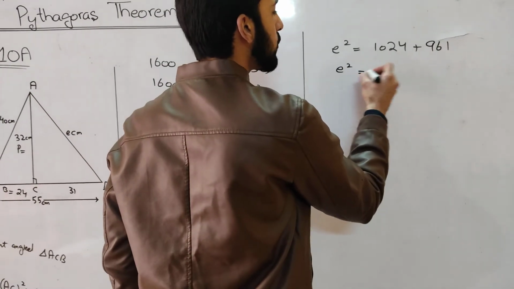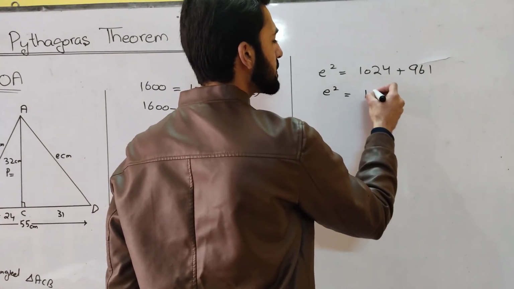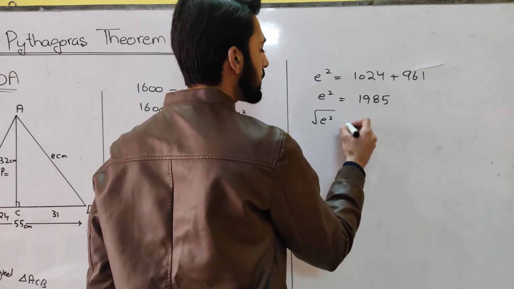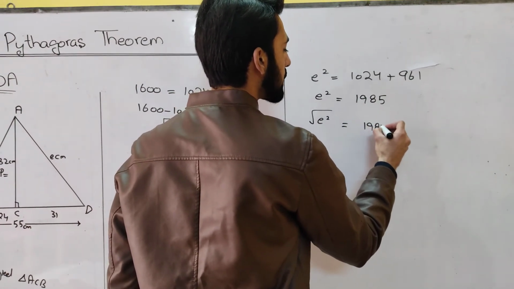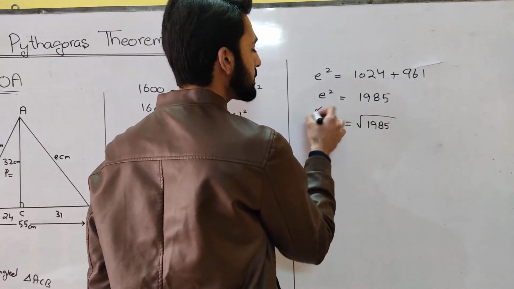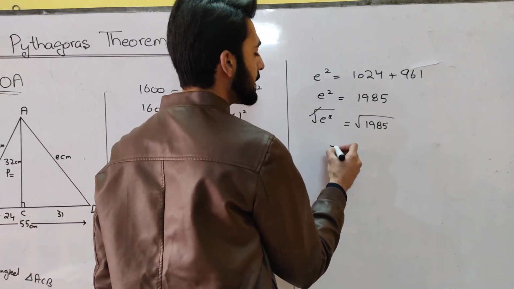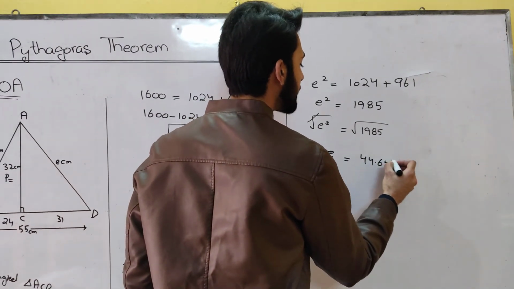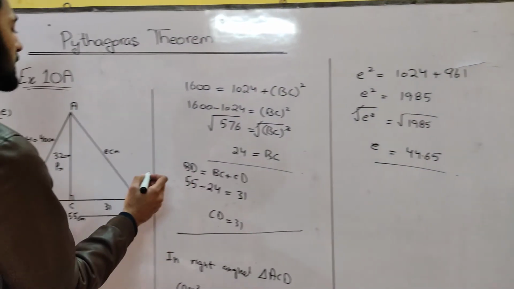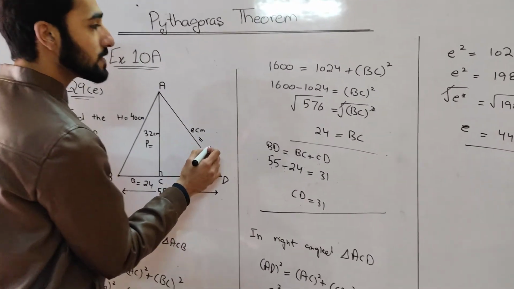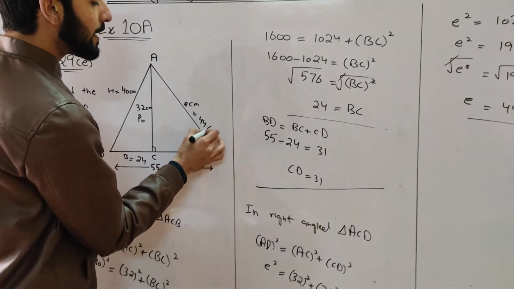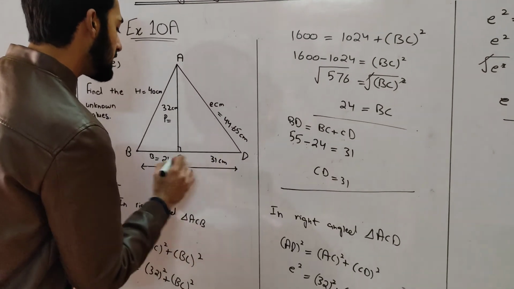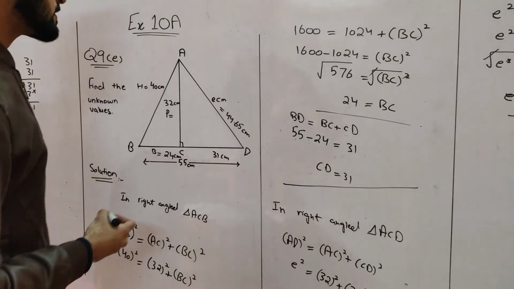When we add both quantities it becomes 1985, and taking the square root on both sides, E remains, and it becomes 44.65. So the value of E, which is required from the start of the question, is 44.65 centimeters. Okay students, I hope you understand how we can find the unknown values in these triangles.